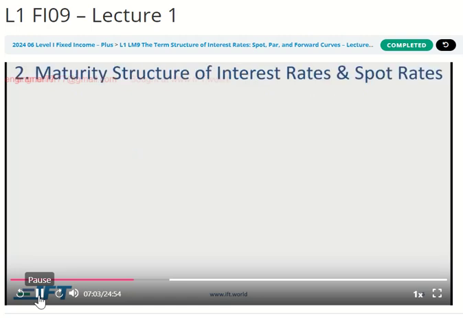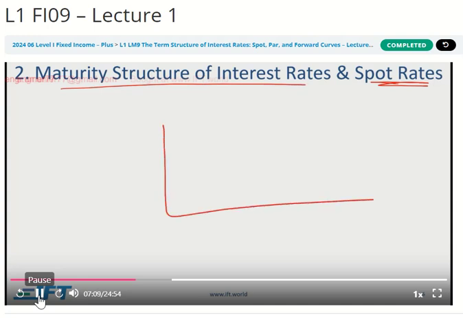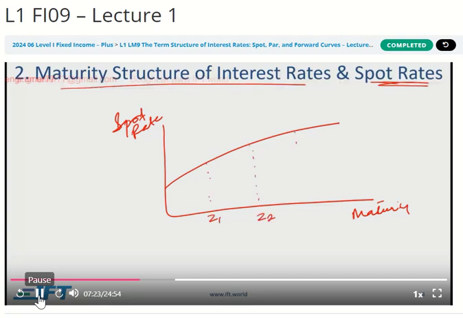Now, let's get into spot rates and the yield curve of interest rates, that is, as maturity goes on, what are your spot rates? And usually it's like this. So Z1 will be lower than Z2, which will be lower than Z3.